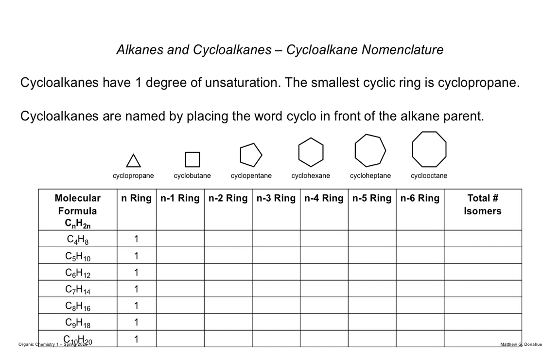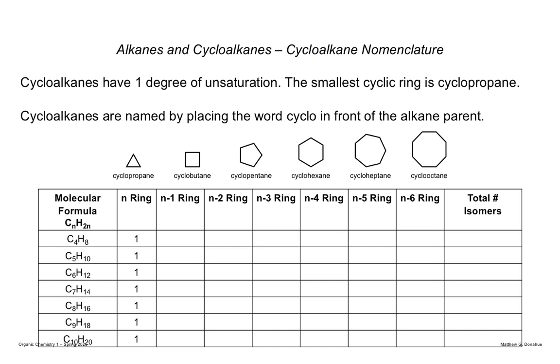So it looks like today we only have a couple minutes left to wrap up nomenclature, so we won't get to the conformational analysis until next week. So what about when you take a long carbon chain, you take the terminal carbons and bond them together, you get rings.